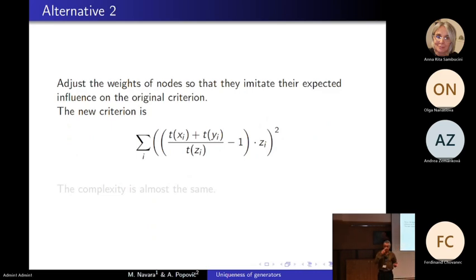So we predict how much the influence is changed by looking at the generator, and we compensate for it by using such weights which give almost the same influence to all data, almost the same influence on the original criterion. The advantage is that the complexity is almost the same. We just compute this expression and include it as a weight in the optimizing algorithm, which is not a problem.